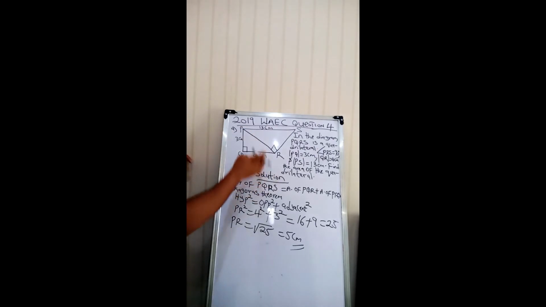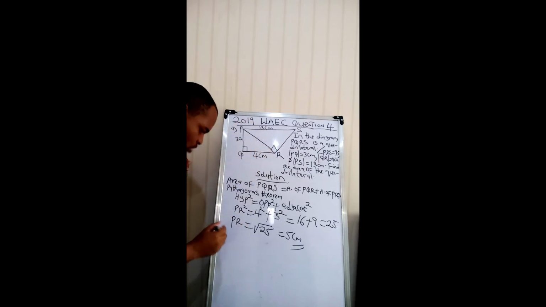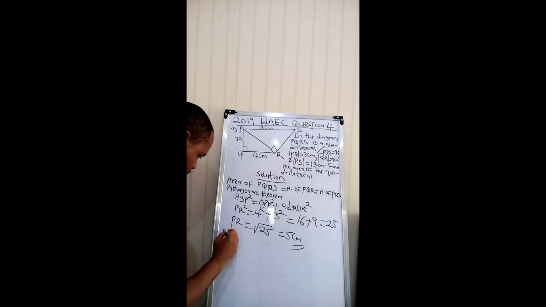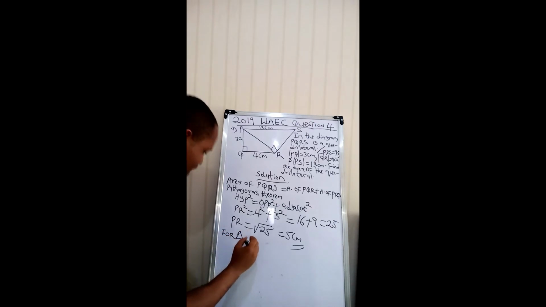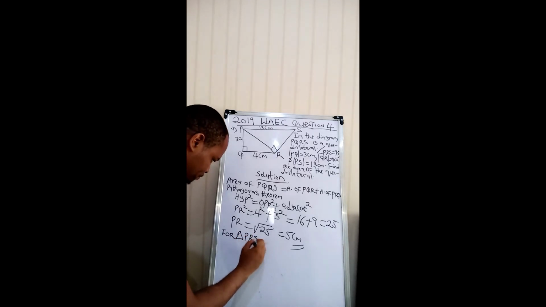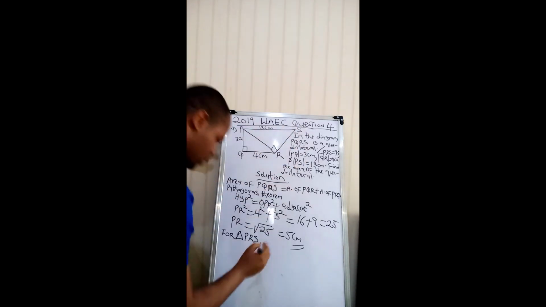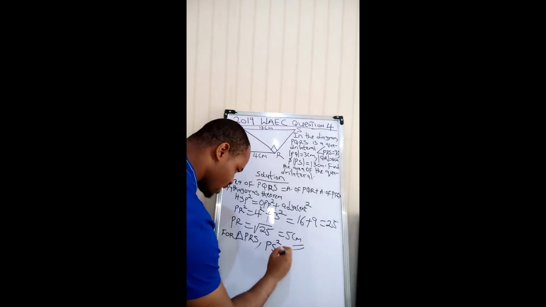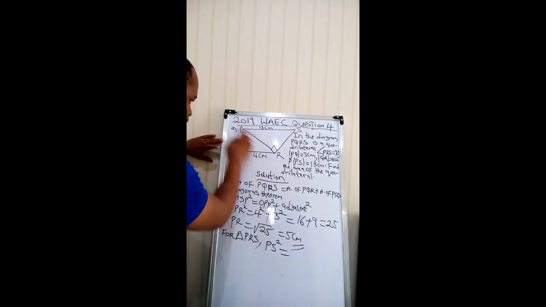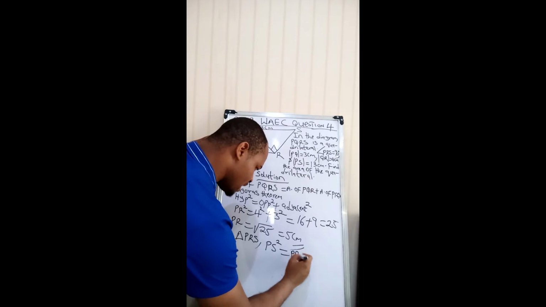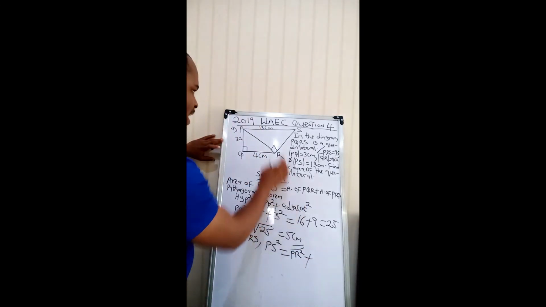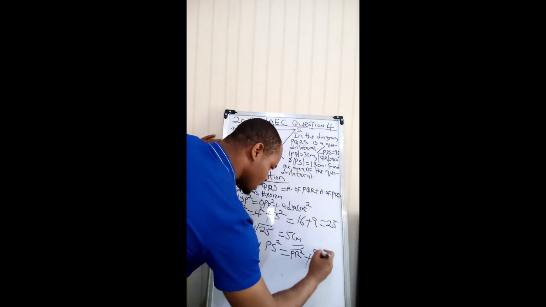RS. To get my RS, you repeat the same thing because this is also a right angle triangle. So you're having your hypotenuse as 13 this time. For triangle PRS, I'll be having my hypotenuse, which is PS. PS squared will be equal to opposite PR squared plus my adjacent RS squared.